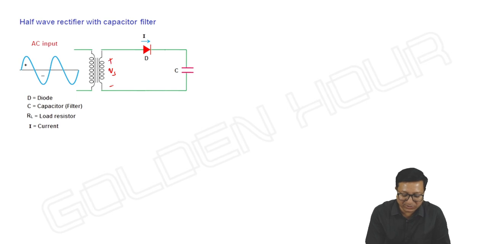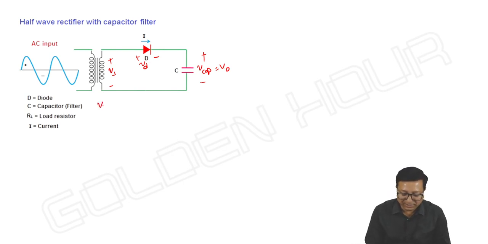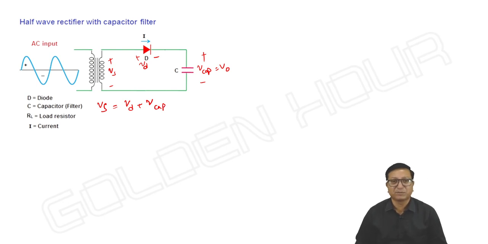Let me take this voltage as Vs and this as Vd, the voltage across the diode, and the voltage across the capacitor as my output. Then I can write Vs equals Vd plus V capacitor, or V output, nothing to worry about.